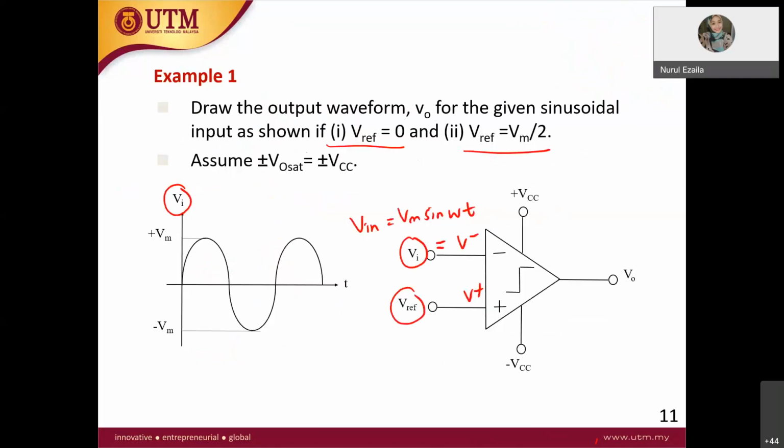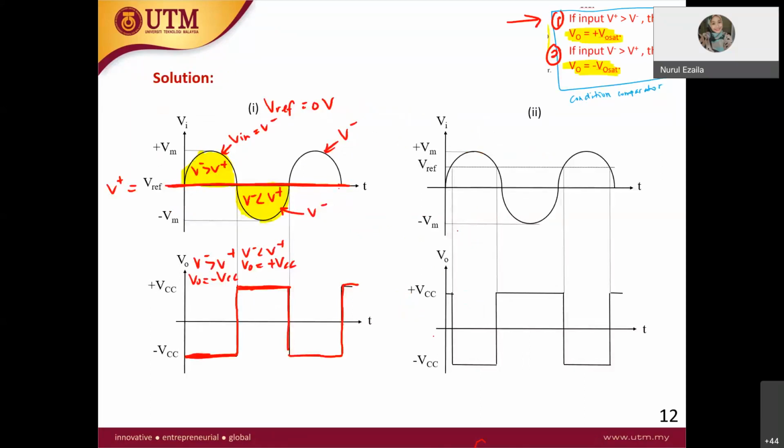If they ask you to draw the waveform, definitely they will give the input in terms of a waveform, like this, where the input equals Vm sinusoidal. So your output must also be a waveform. But for a comparator, no matter what the input is, sinusoidal or otherwise, the output must be a square waveform.